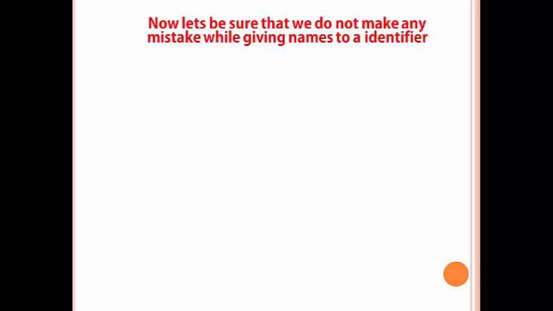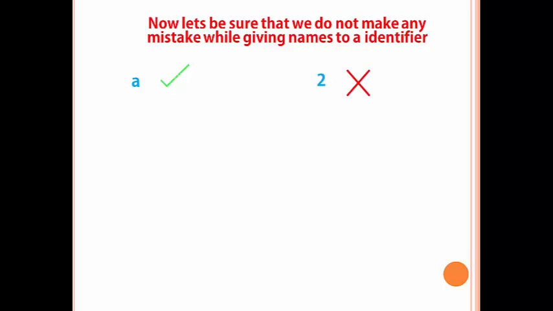Now let's be sure that we don't make any mistake while giving a name to an identifier. I just want to show you which words could be correct as a name and which cannot. If the variable name is a, it's correct, you can give it.